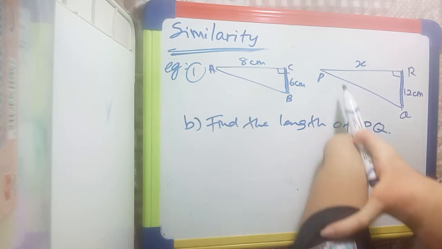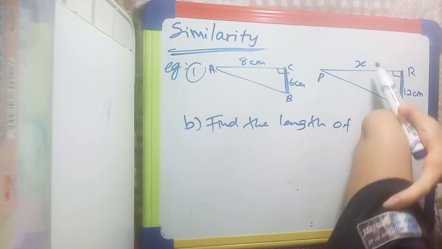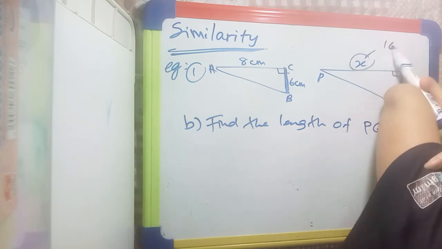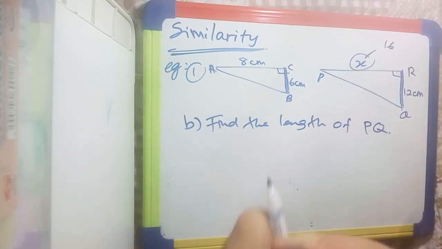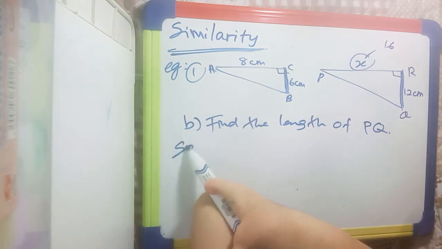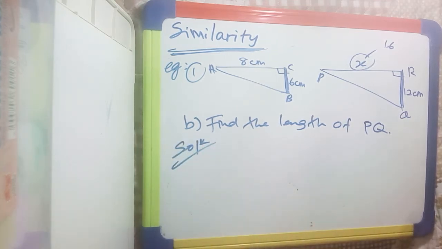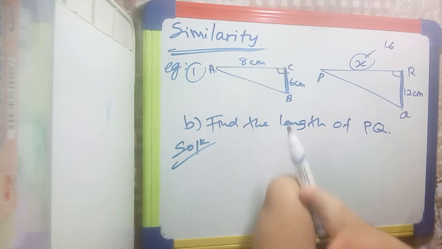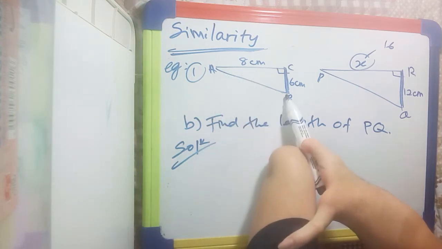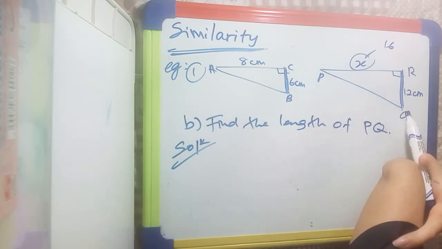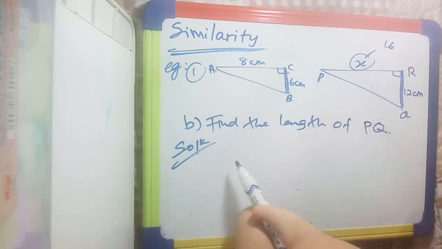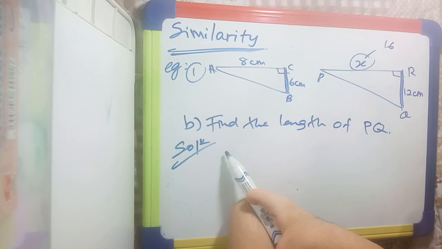I want to know the length of PQ. Just now we already got the value of x is equal to 16. In order to find the length of PQ, since AB is not given, you just use the Pythagoras theorem.